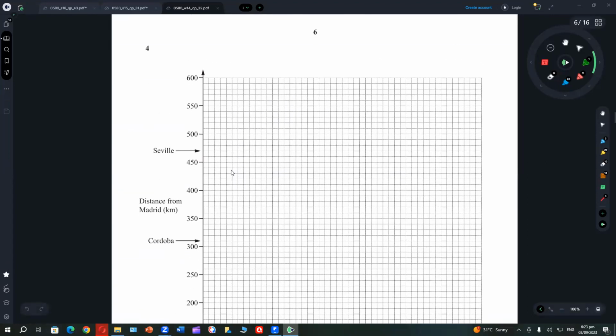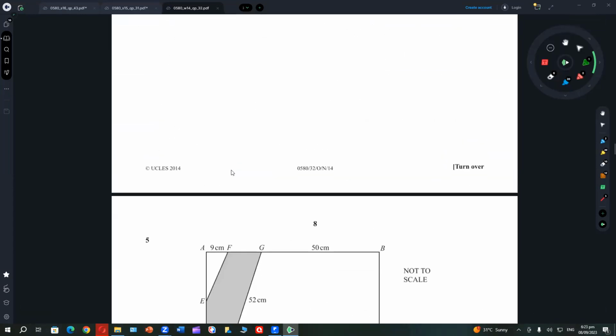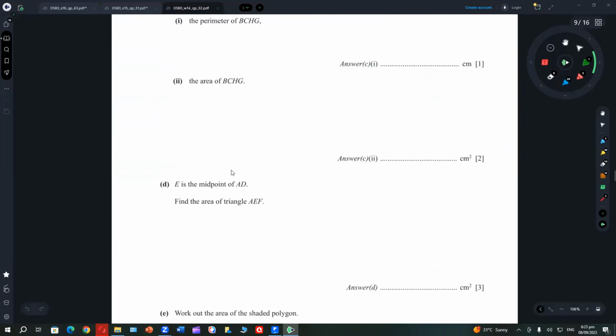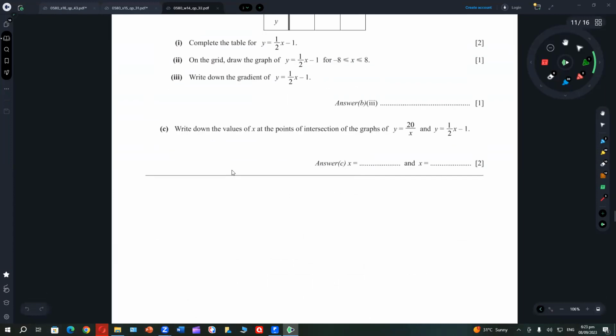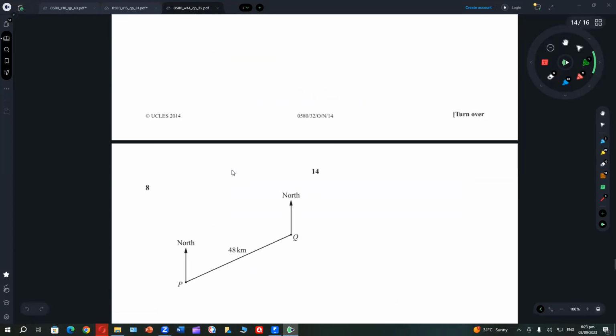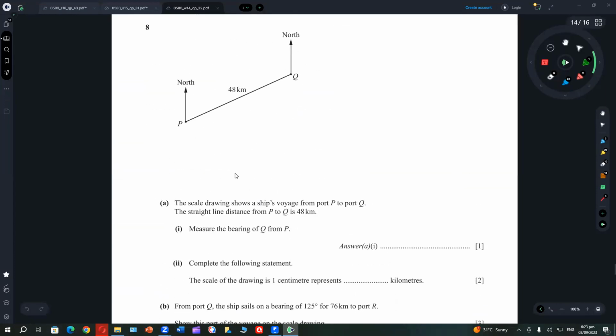Question number 8. The scale drawing shows a ship's voyage from port P to port Q. The straight line distance from P to Q is 48 kilometers.